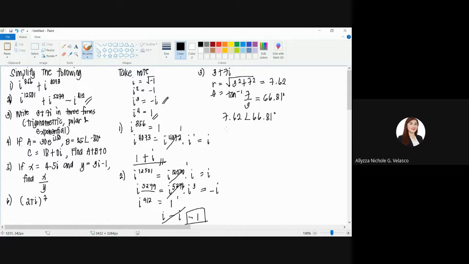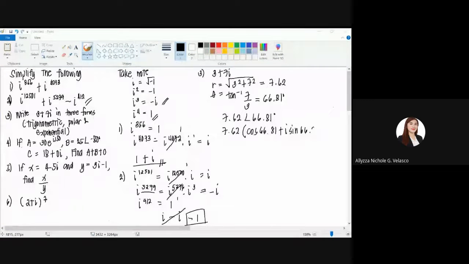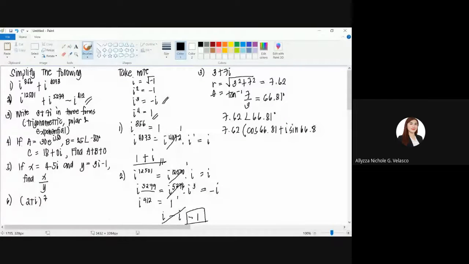At ang ating trigonometric will be, so 7.62 cosine 66.81 plus i sine 66.81, or 7.62 cis 66.81.